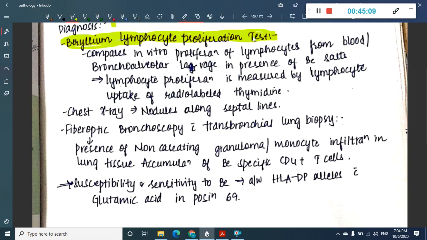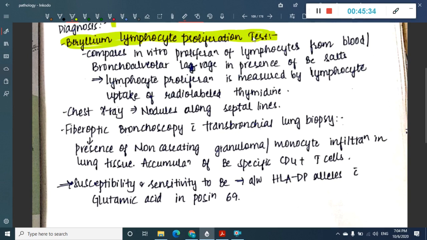How are we going to look at the beryllium salts? We can't do microscopy and actually look at the beryllium salts, right? It's difficult to identify them. So we take radio labeled thymidine and give it to both of the specimens, one from the blood and one from the bronchoalveolar lavage lymphocytes, and lymphocytic proliferation is measured.